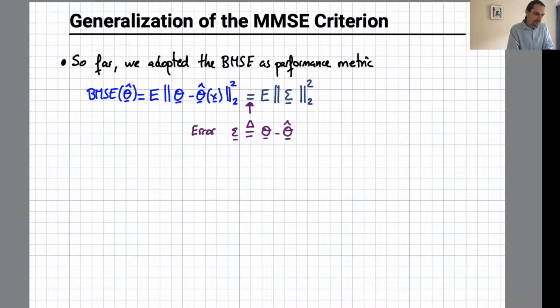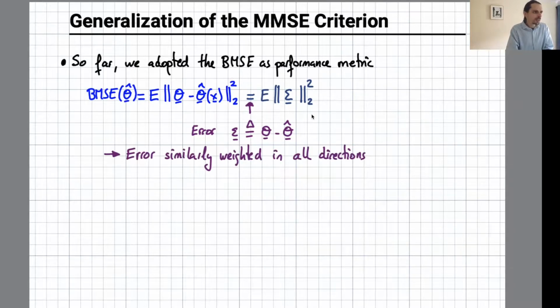We studied in a certain degree of detail the so-called MMSE estimator, which, remember, is the one that minimizes the BMSE, the Bayesian mean square error, which we defined as the expectation of the square distance between the true value of the parameters and the estimate. This can of course be written as the expectation of the square norm of the error. We define the error in this way.